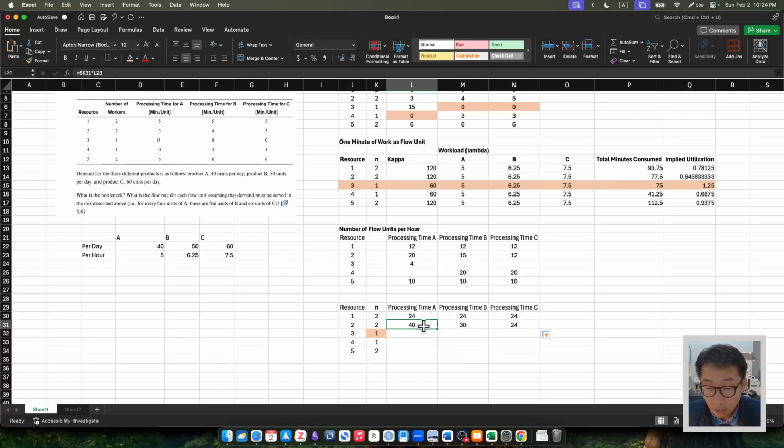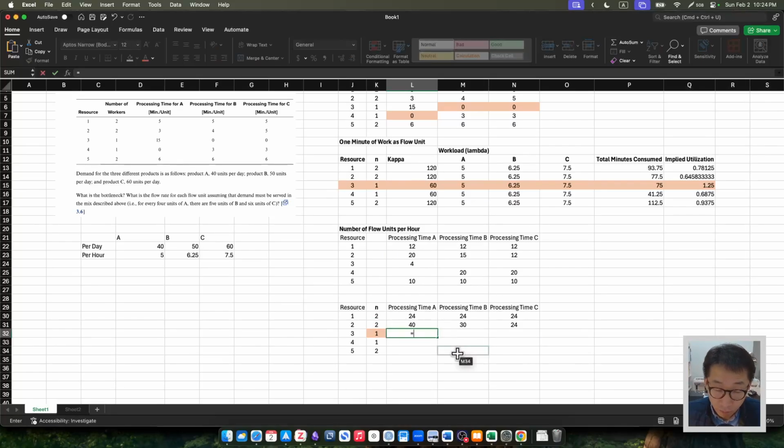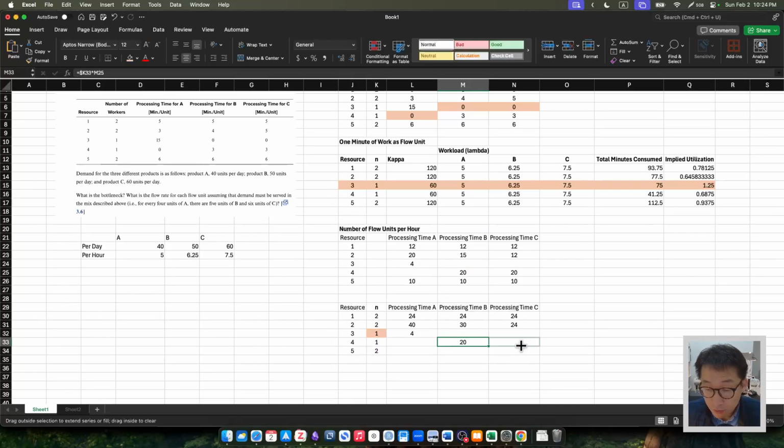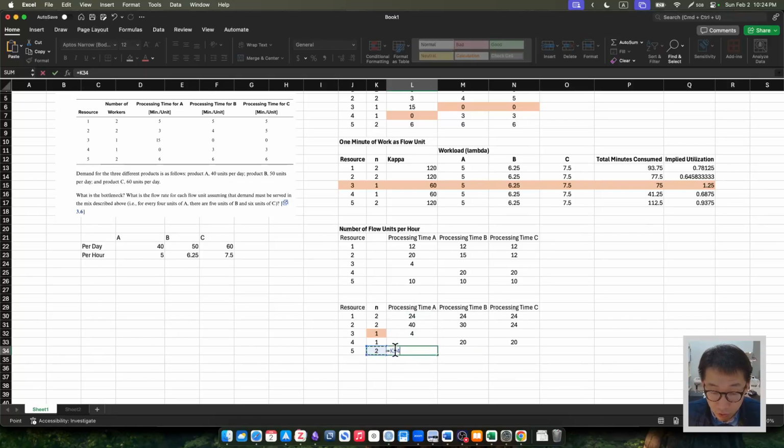So again, each machine does 20 per hour. We have 2 machines, so 40. This is good because we only have 1 machine here, each times this guy, partially referenced, and the same thing for 2 machines, K static reference like this.